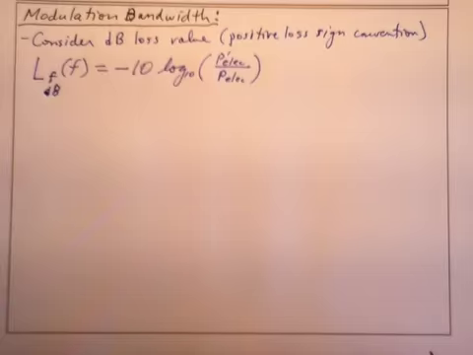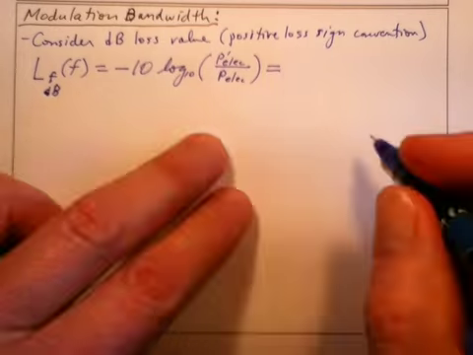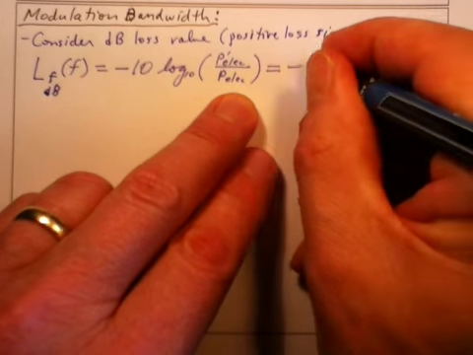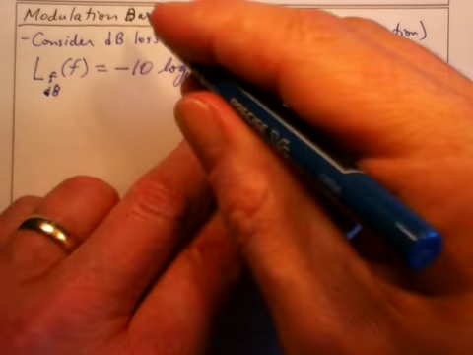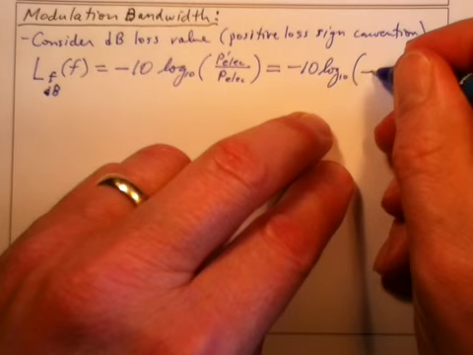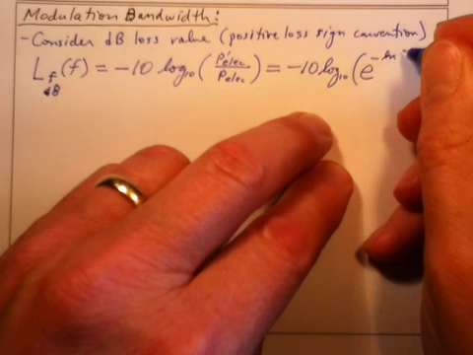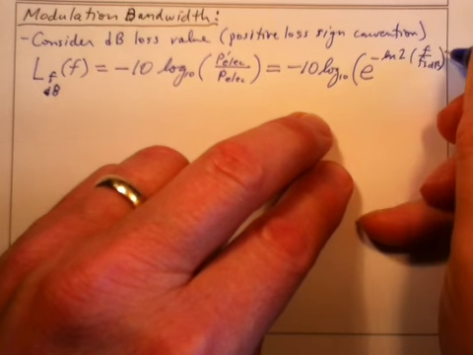Okay, and we can just plug in. So this minus here represents that positive sign convention. So this is minus 10 log 10. Let's plug all this in here: e to the minus ln 2 of f over f 3 dB quantity squared.